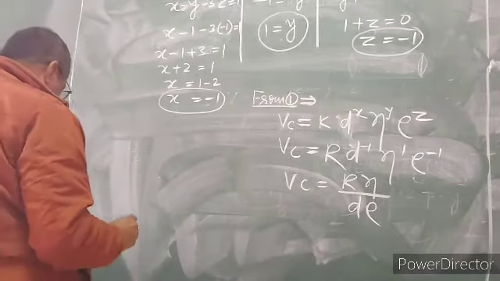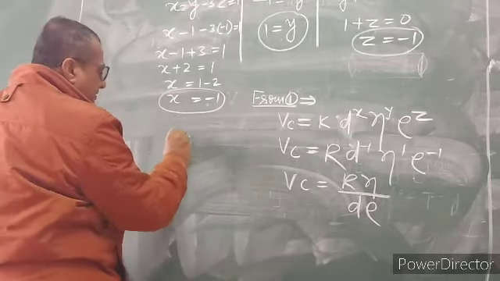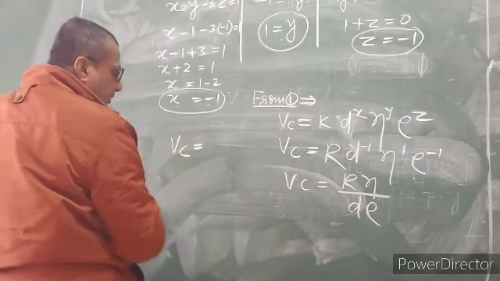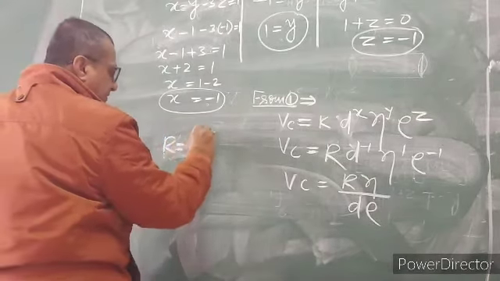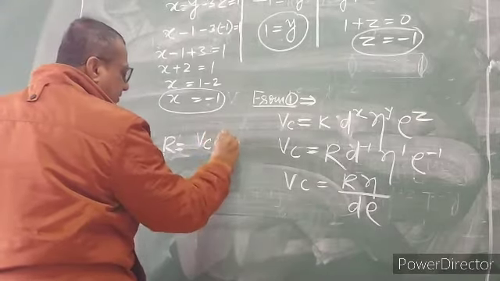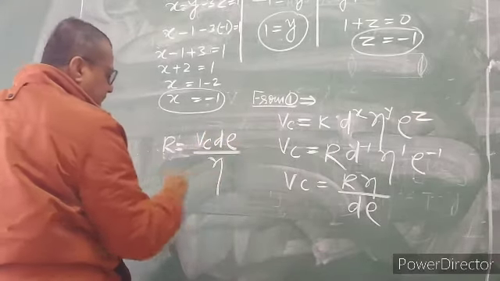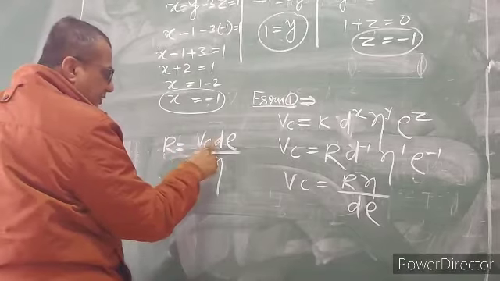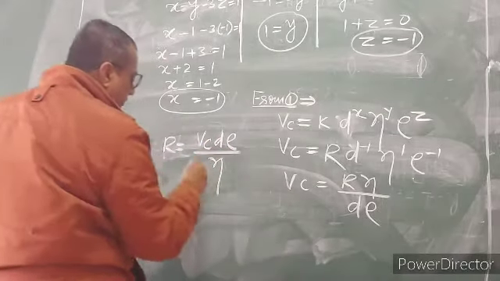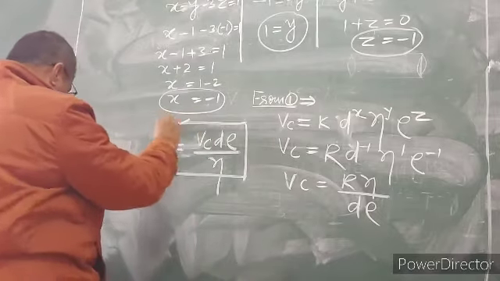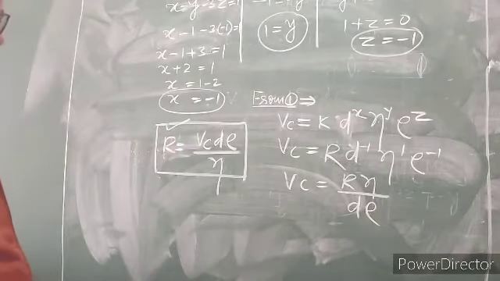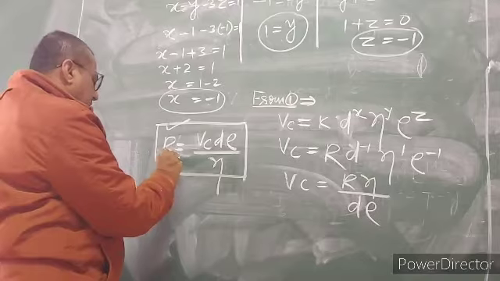So r is equal to Vc d rho by eta, and this r is called Reynolds number. This is a pure number.